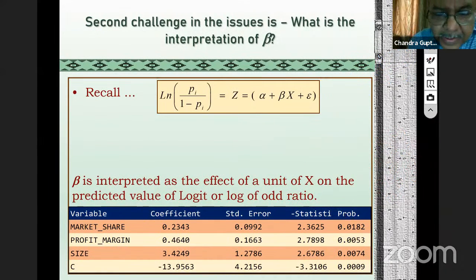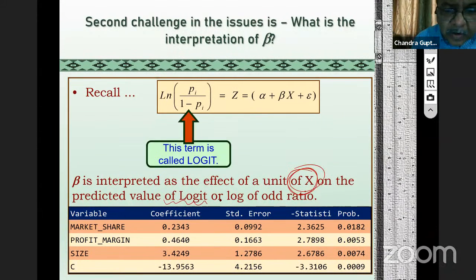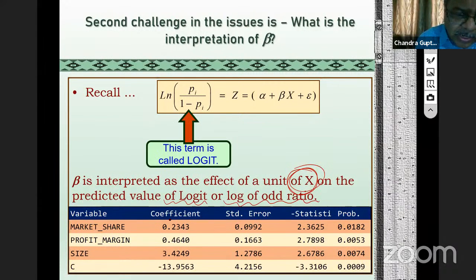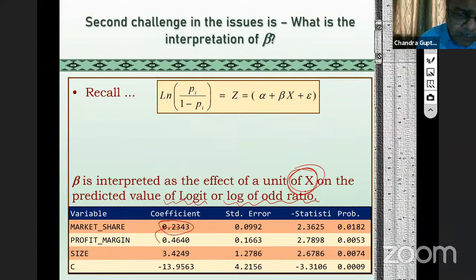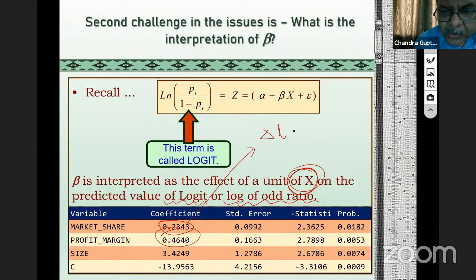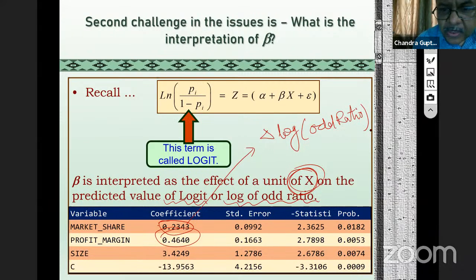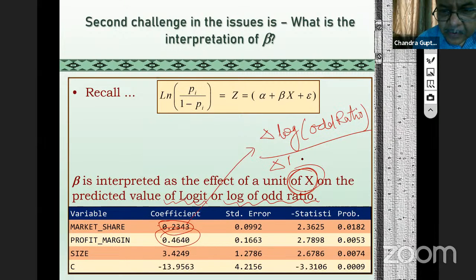Beta is interpreted as the effect of a unit of X on the predicted value of logit or log of odd ratio. So you can say these are the change in log of odd ratio for a change in market share.